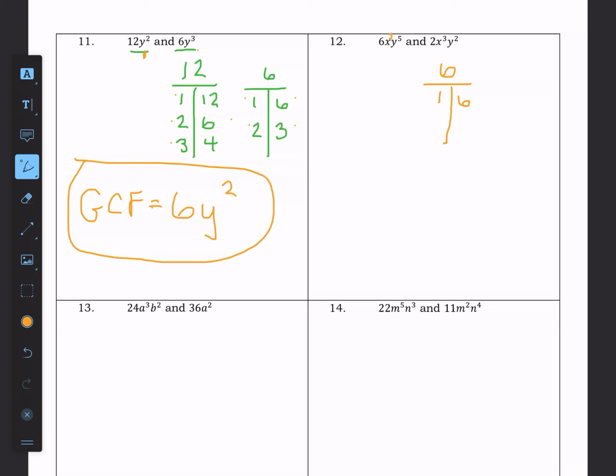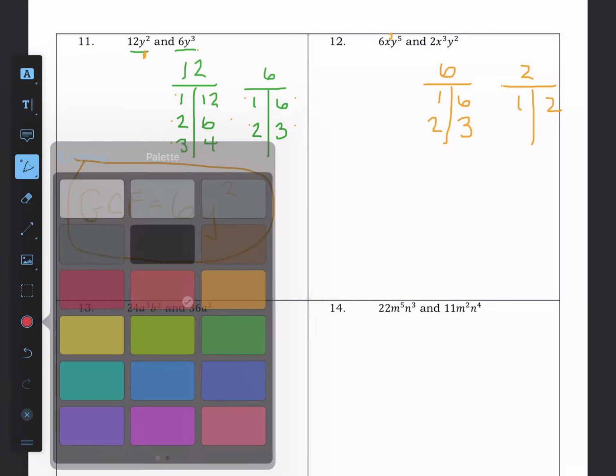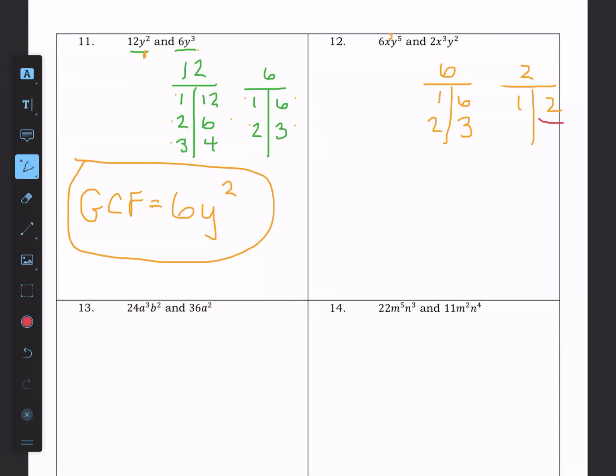So 1 and 6, 2 and 3. And our factors of 2 are 1 and 2. And the largest number that both lists have is 2. So that is the first part of our GCF.